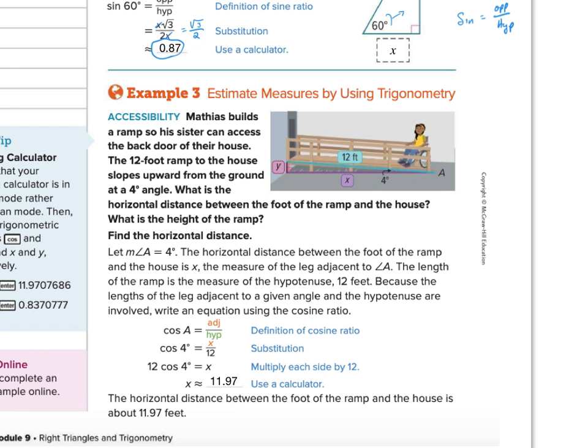So let's look here. The 12-foot ramp to the house slopes upward from the ground at a 4-degree angle. What is the horizontal distance between the foot of the ramp and the house? So this distance, x. What is the height of the ramp? The height is y.